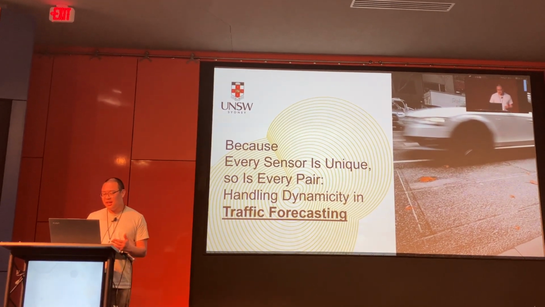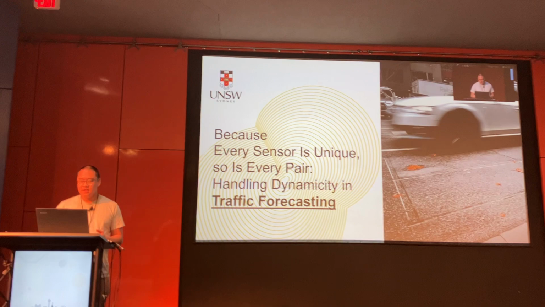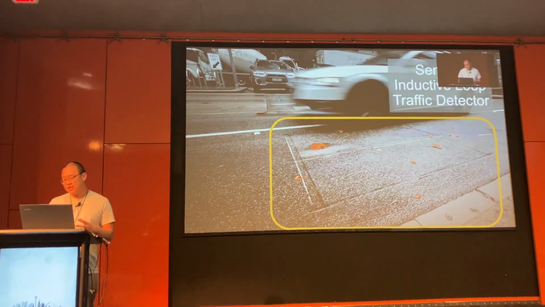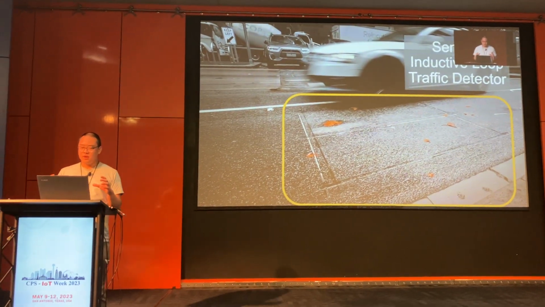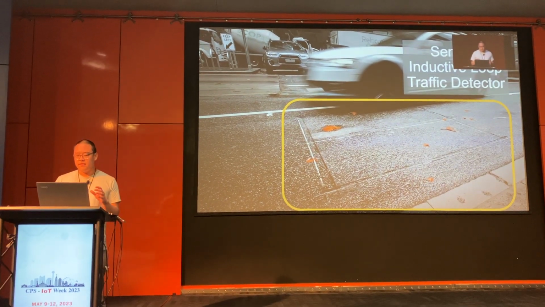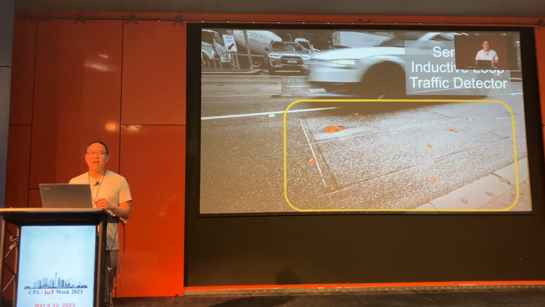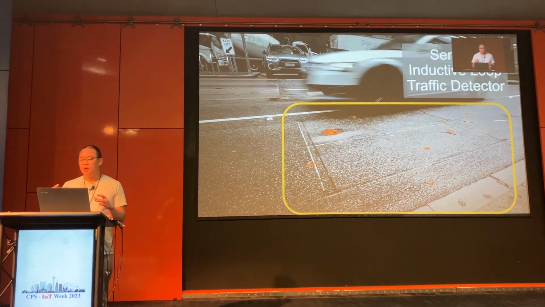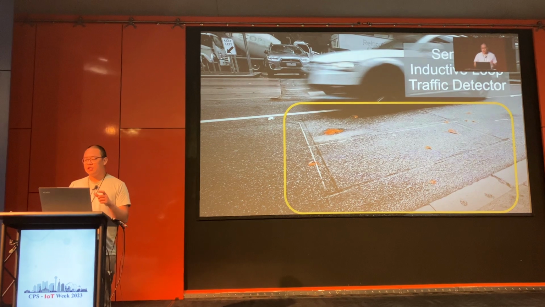So let's start with traffic forecasting. So let's start with the sensor. The sensor that we use in traffic forecasting is called an inductive loop traffic detector, and the idea is we put some wire loops on the ground in the asphalt.